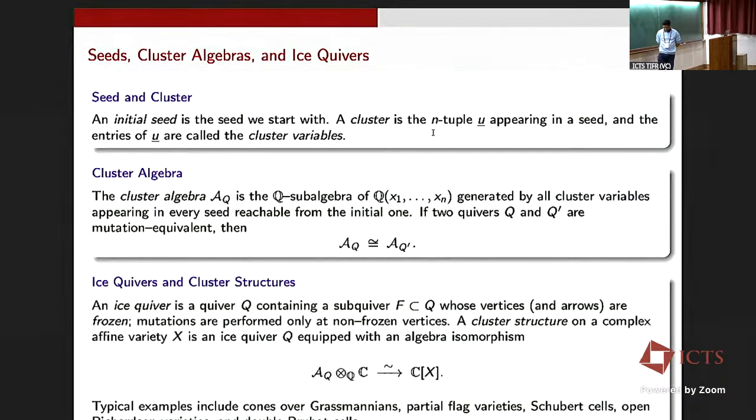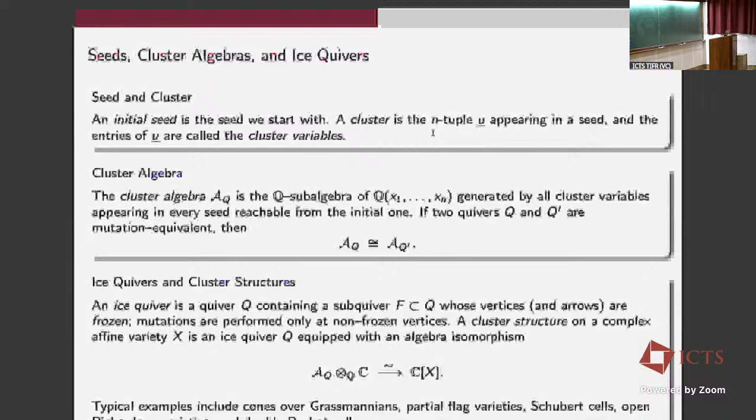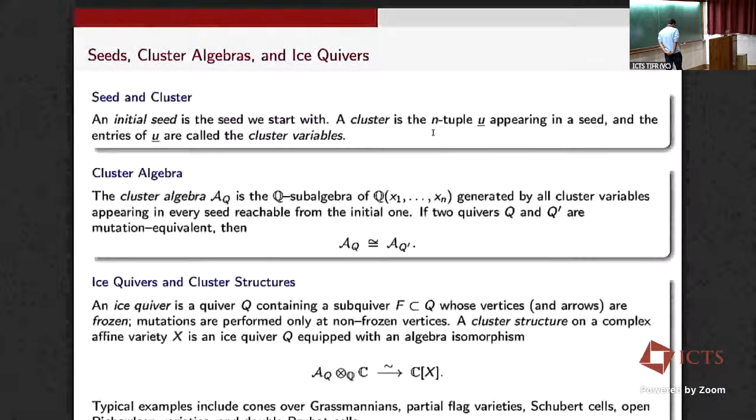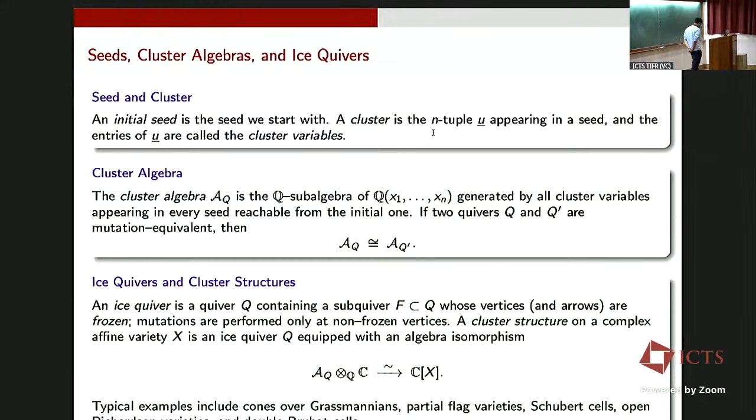Then they saw that if you take some varieties coming from geometry, their coordinate algebra seemed to have some cluster structure. So they had to improve the definition of the quiver. They introduced what are called ice quivers. The point of the frozen vertices is that they will appear as coefficients, so you cannot invert them.